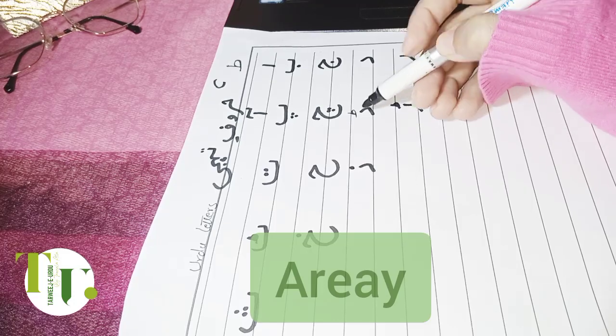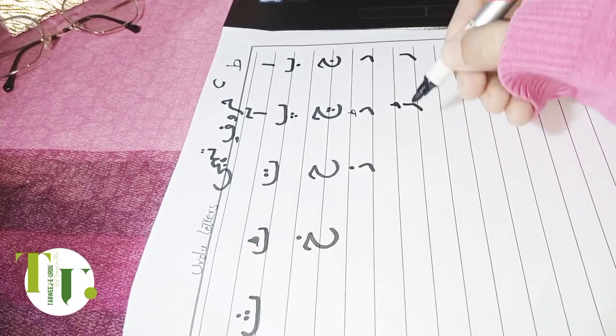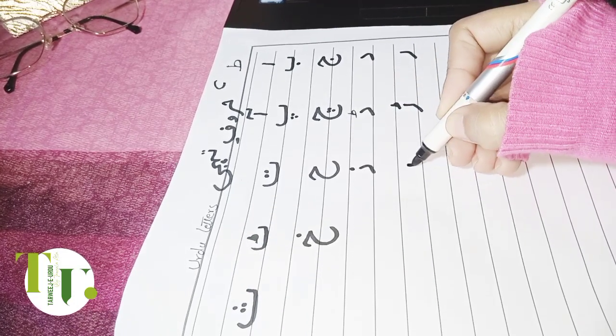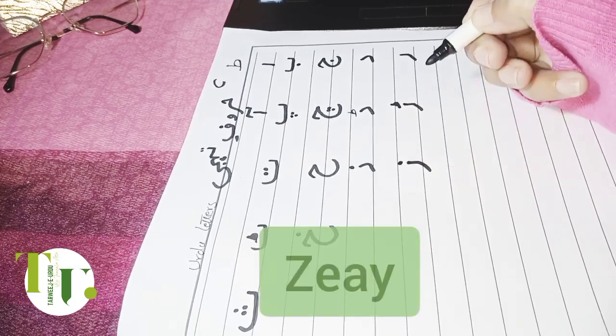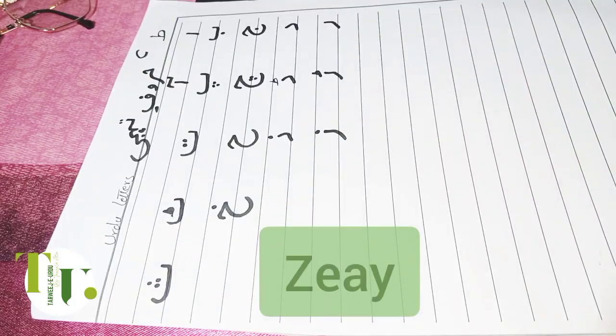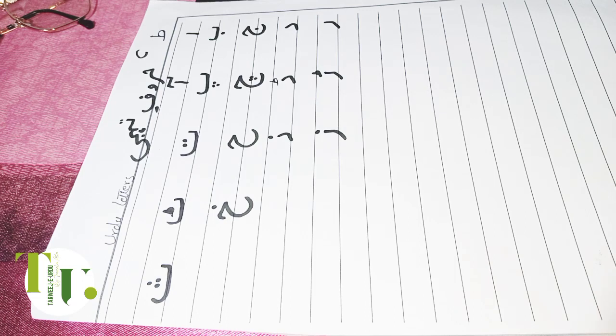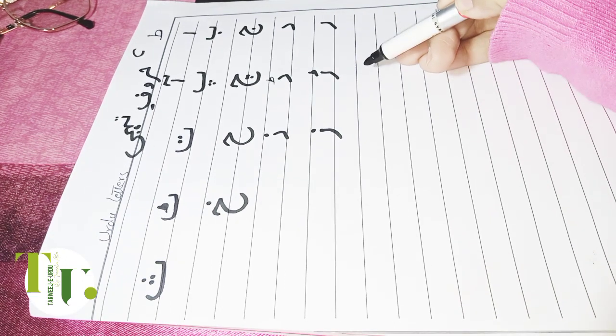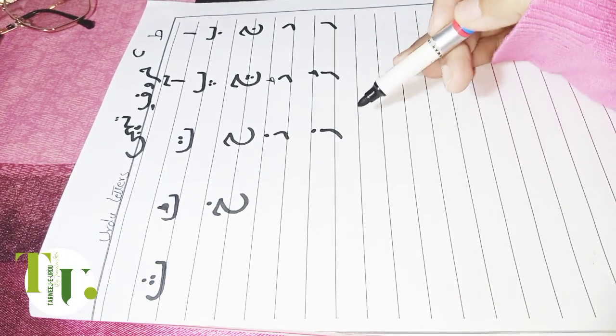again Ray has the same symbol. Ze has one dot. So Re, Ray, Ze.